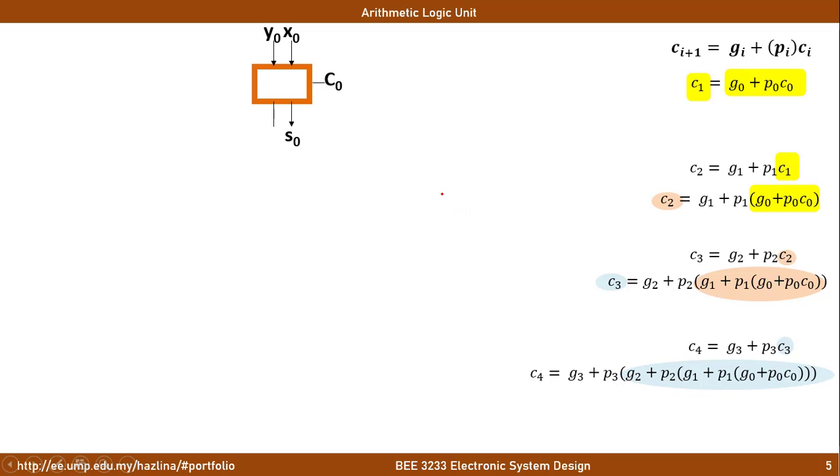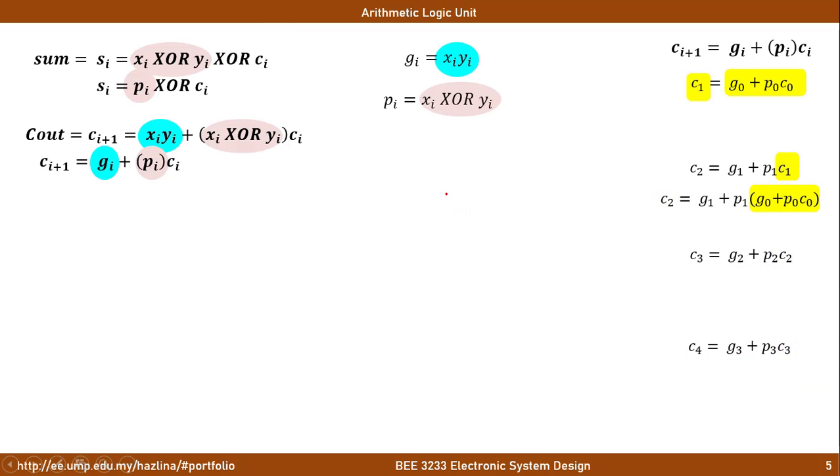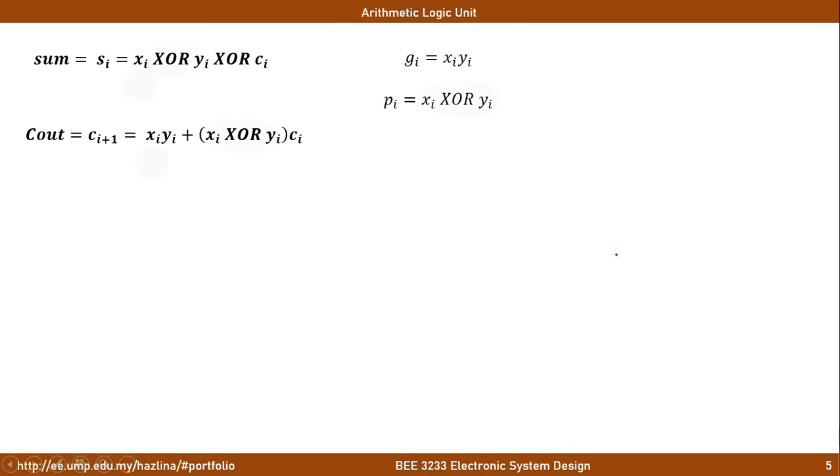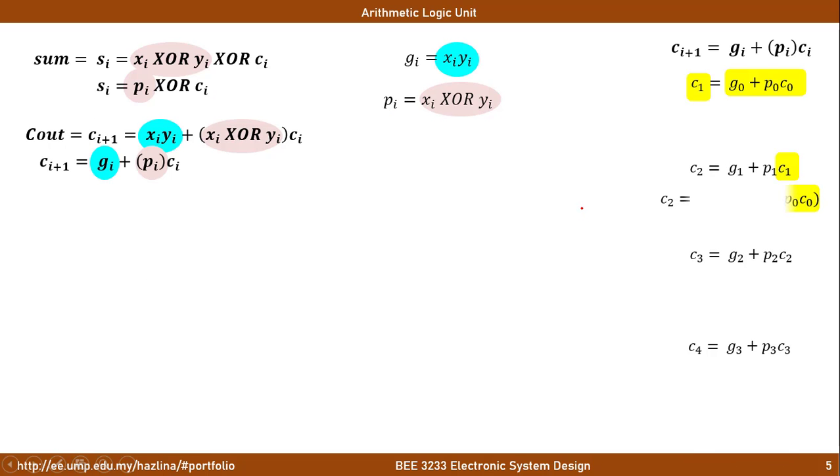Looking into the previous example, the second addition can only happen when the first is done. The third addition can happen only when the first and the second cycles are done, followed through till the end. However, by having this prediction of G, the generated bit, and also P, the propagated bit, we can expedite the process by estimating the output or the input that is being generated.